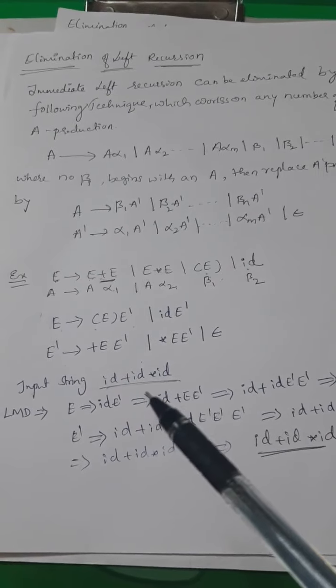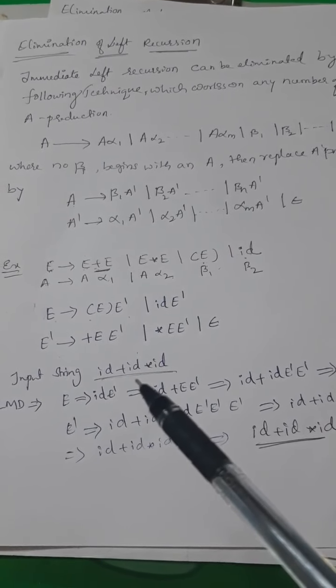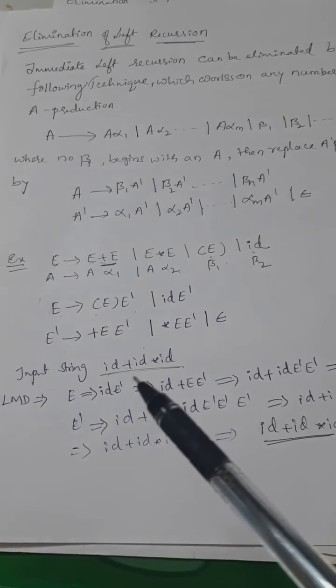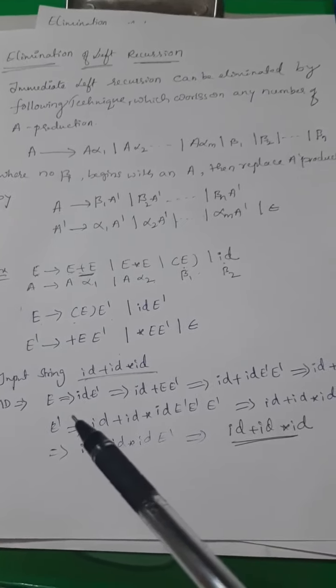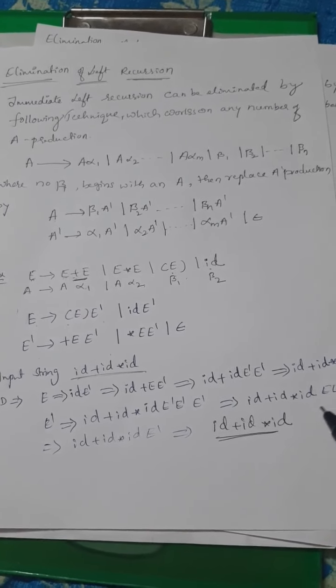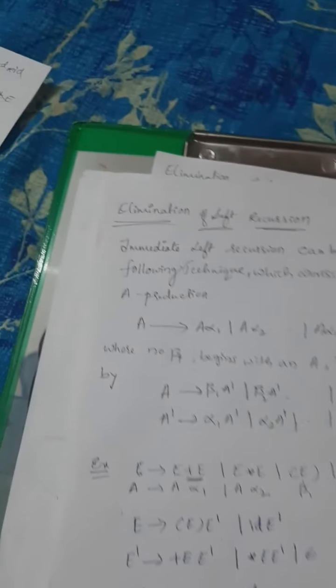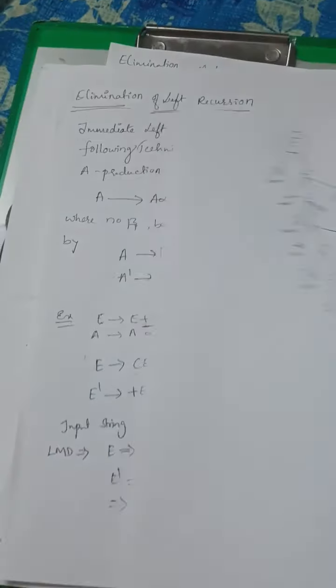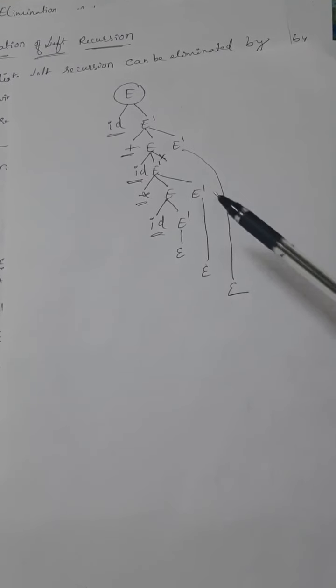Now let's check whether it produces a single parse tree or more than one parse tree for a given input string ID plus ID into ID. So here I had written LMD to parse the given input string, that is ID plus ID into ID. When I construct a parse tree after applying the LMD, I got this.